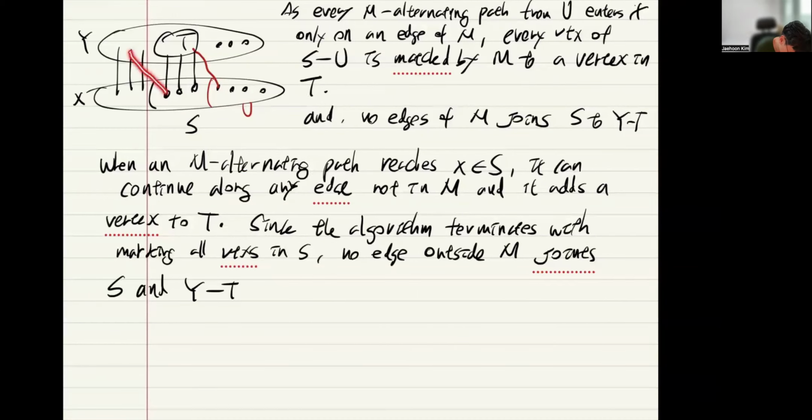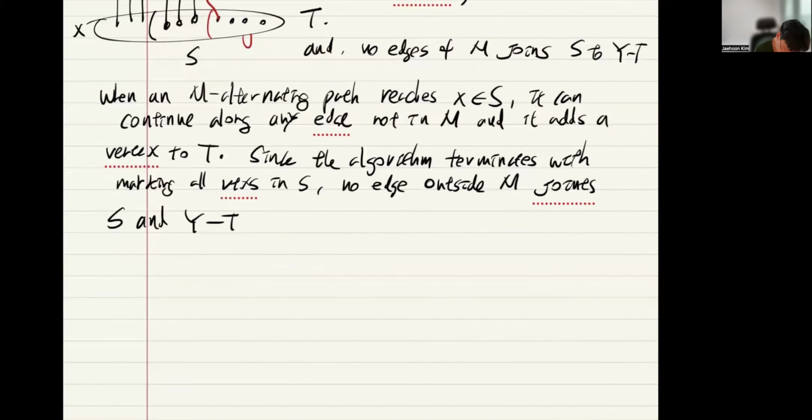And if there are edges between this and Y minus T, then in this algorithm, we can continue from here by adding this edge, and then add this to T. So we could have done more. That's a contradiction to the assumption that we have terminated. So that means if we have terminated, from here to here, there are no edges.